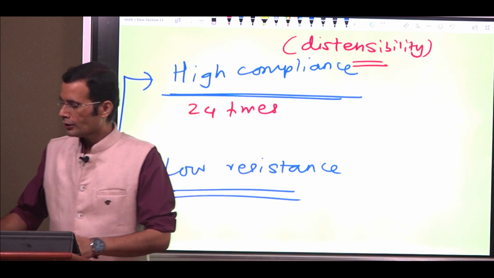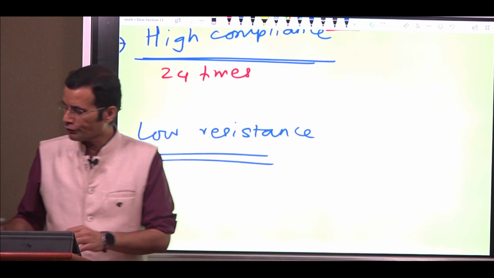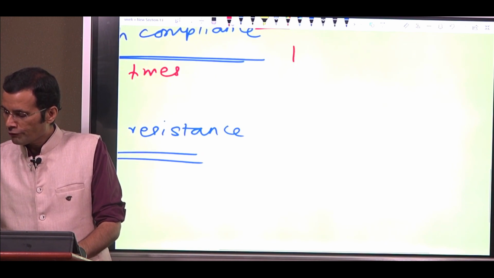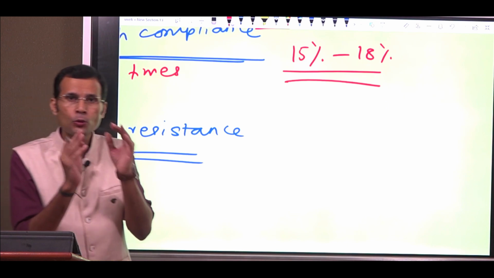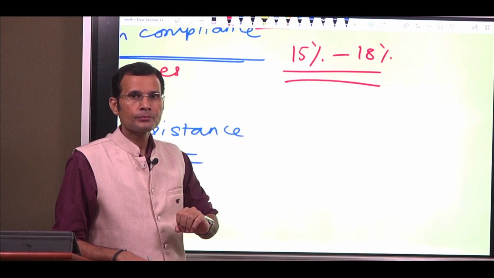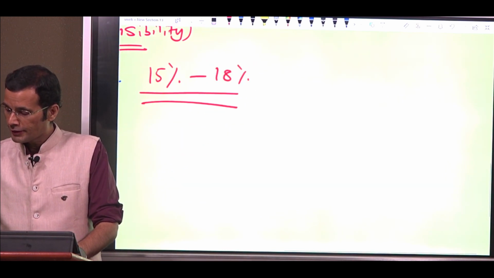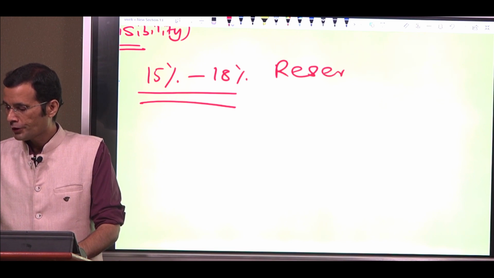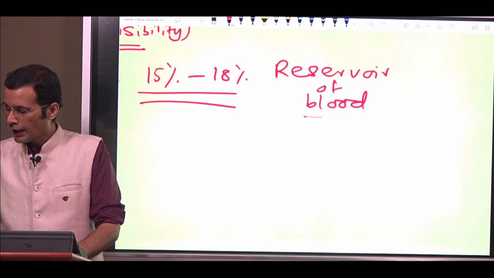And therefore, at any given point of time, almost 15 to 18% of the total blood volume is present in the lungs. So, lungs are called the reservoir of blood because the vessels are highly compliant.